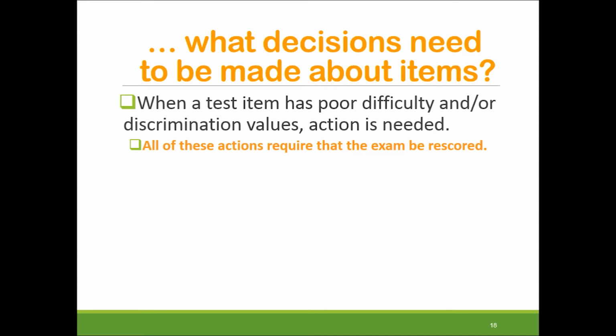In any of these actions, you're going to have to rescore the exam. So that's why I've always been a proponent of not making immediate release of grades to the students. Some of the testing applications certainly can do that, and you can give them that opportunity as long as you couch it within the syllabus and you make them very aware of it verbally before you give the test, that any grade that's calculated is considered to be a tentative grade until the exam can be fully analyzed.